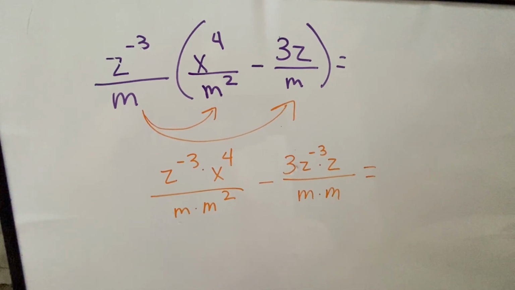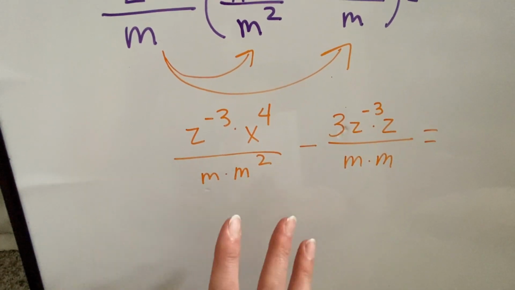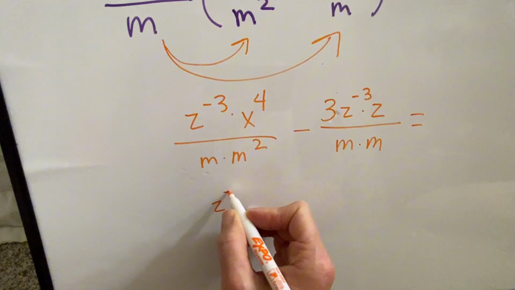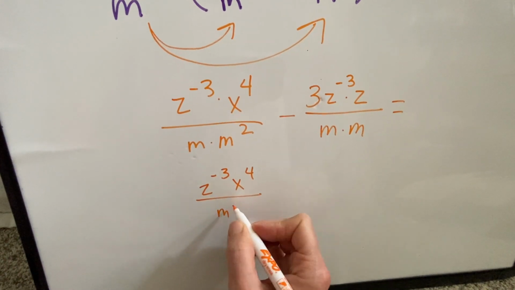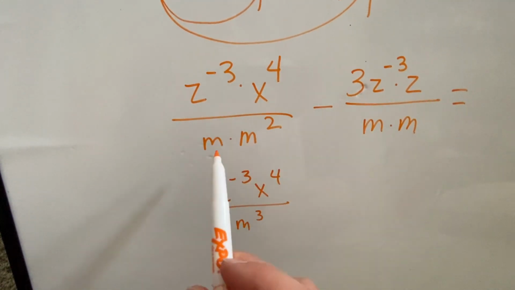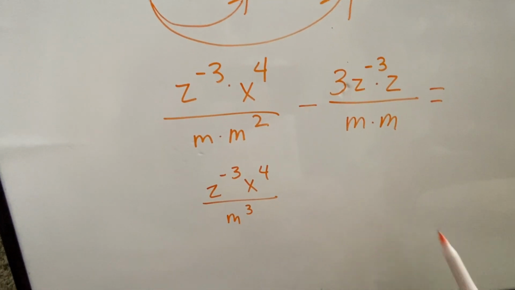So we need to make sure that we do that. So we have z to the negative 3, x to the 4th. You can't simplify that. There's nothing that's the same. So z to the negative 3, x to the 4th, all over m cubed. If you see, this is m to the 1st, m squared. When you multiply those together, you add your exponents. That's what m cubed is.